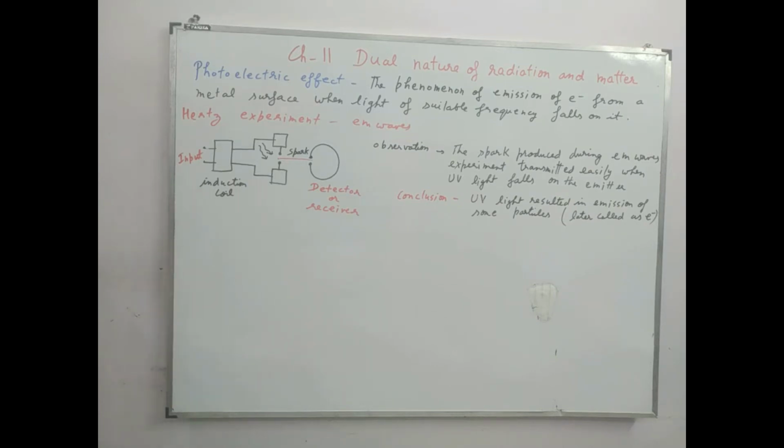So this showed that light may increase or decrease the intensity, or it may produce a current, right?